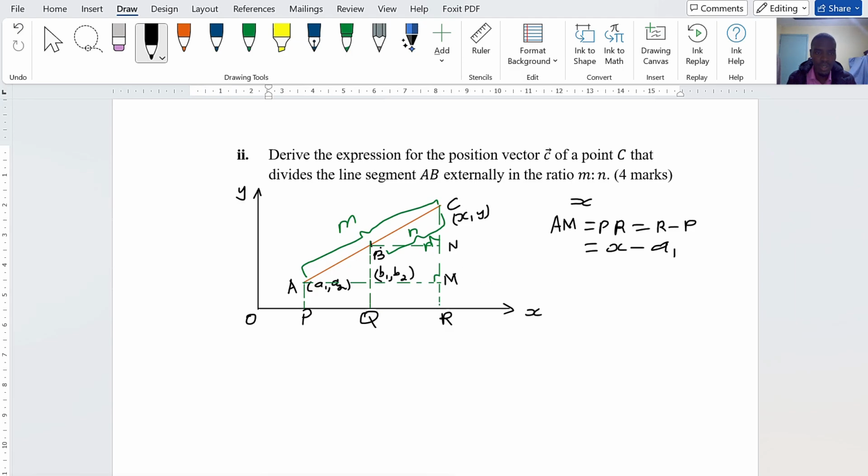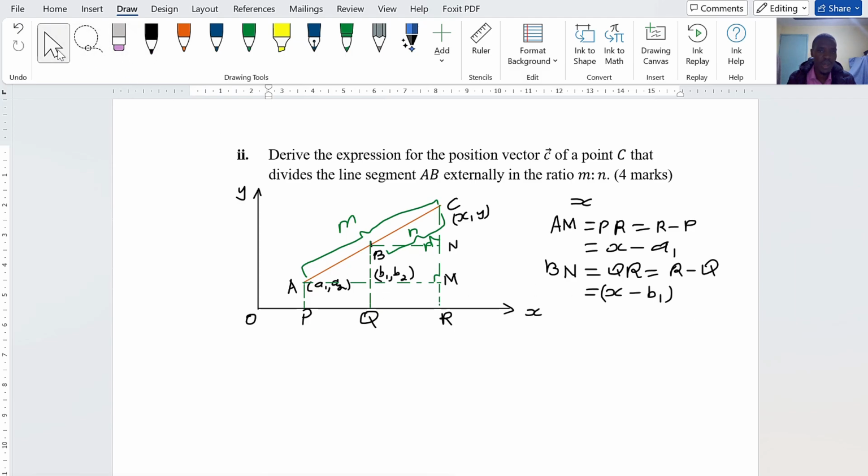Now let's get the small distance BN, which is still horizontal. BN is projected as QR on the x-axis. QR is R minus Q. R is X still, while Q is B1. We are still dealing with X.